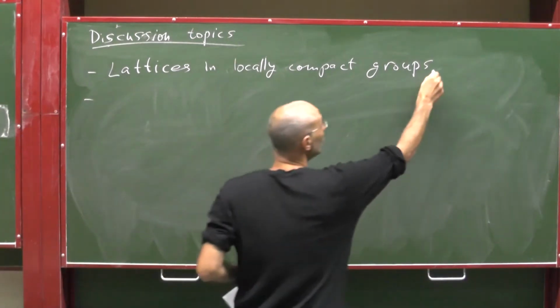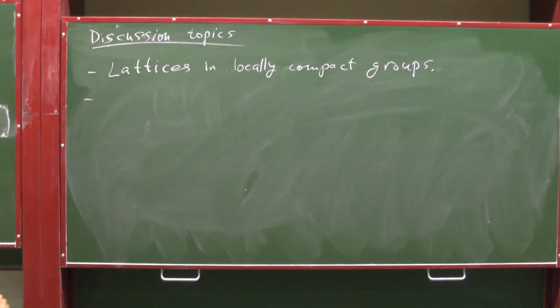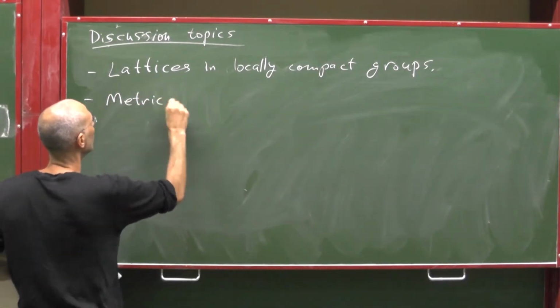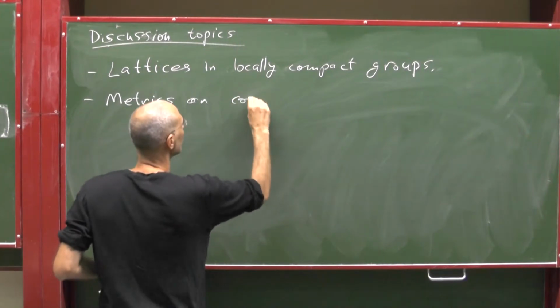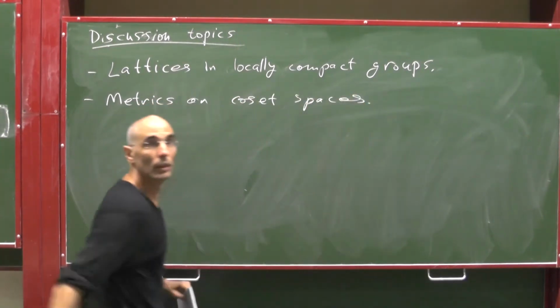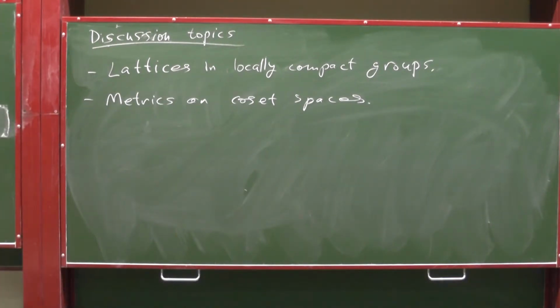Another thing that we used and was very essential in our proof of ergodicity was the theme of metrics on coset spaces. We've seen that there are no G-invariant metrics on G mod U. This is again a general phenomenon that I want to explore. Very, very useful.